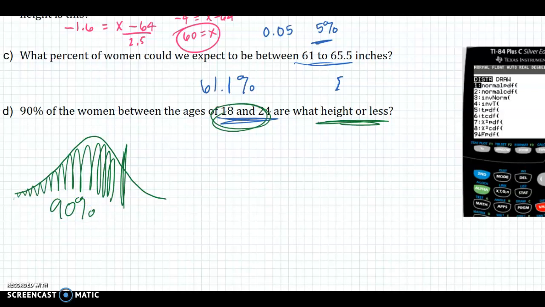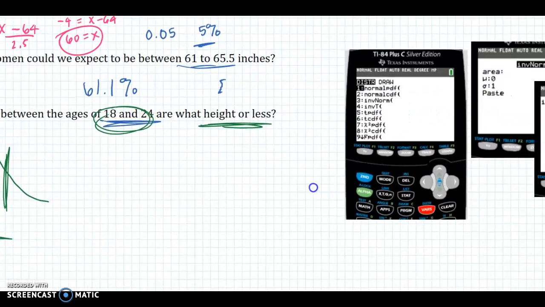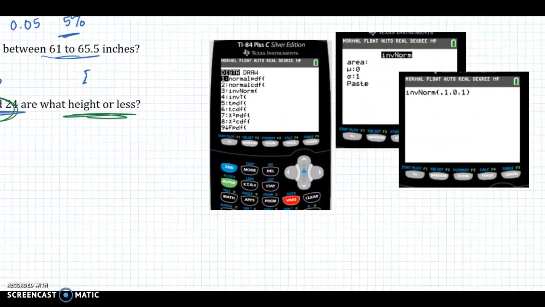So to do that, again, we could go to the table and we could try to find 90%. We would definitely be looking on the positive end, but there's another way to do it. There's kind of an opposite operation, and that's option 3. So you would hit second, then vars, and then option 3 is invNorm, or the inverted norm. Here you type in your area, which for us will be 90% or 0.9, and then your mean and your standard deviation.